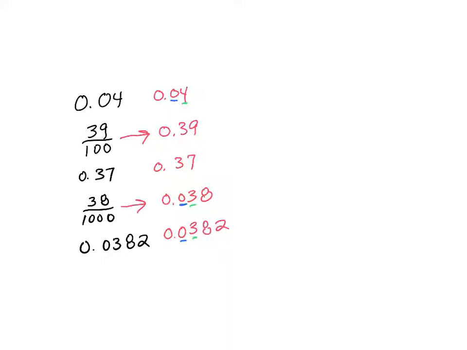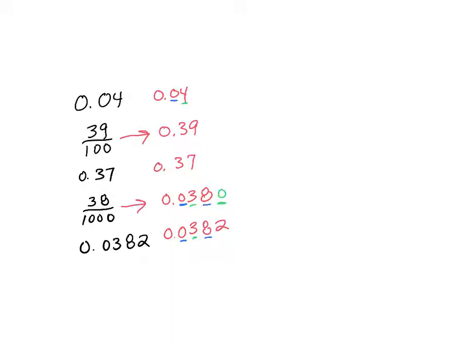Now I need to take a look at the thousandths place. They both have 8s, so that does not help me, and I need to go to the next place, which would be the 10,000ths place. There is no number in the 10,000ths place in the 38 thousandths, so I could put an understood 0 there.